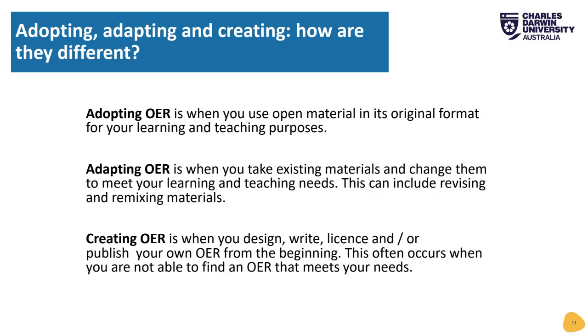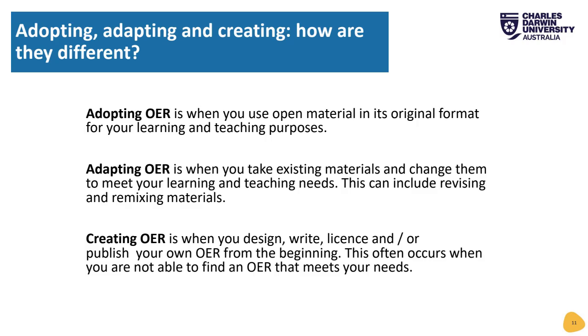So when we talk about adopting, adapting and creating open educational resources, we need to look at how they are different. Adopting OER is when you use open material in its original format for your learning and teaching purposes. So you use an existing OER as is without making any changes. Adapting OER is when you take existing materials and change them to meet your learning and teaching needs.